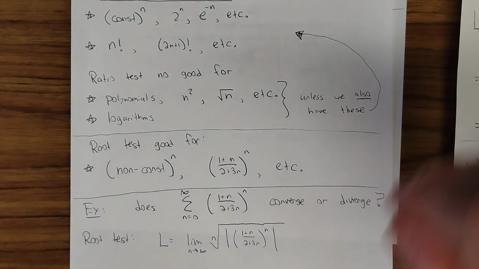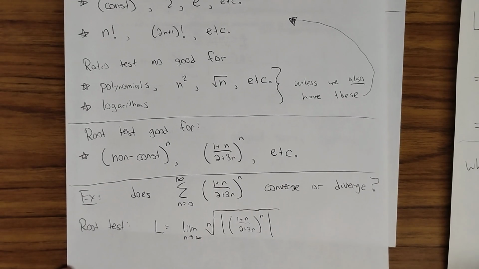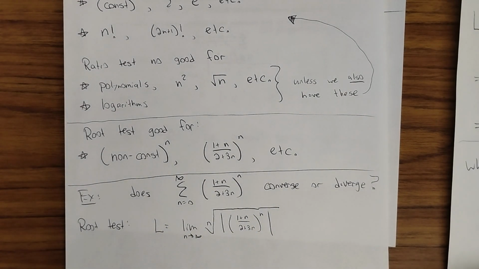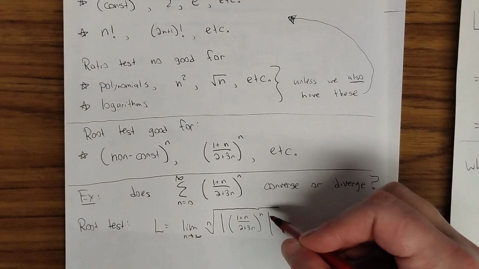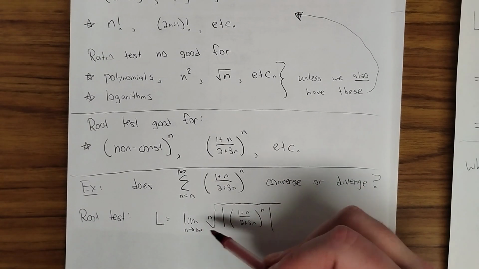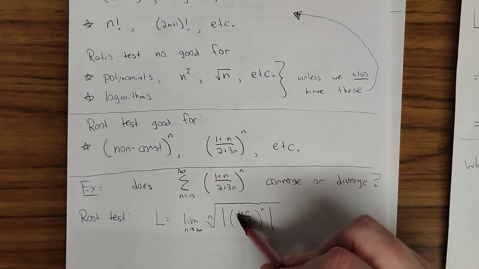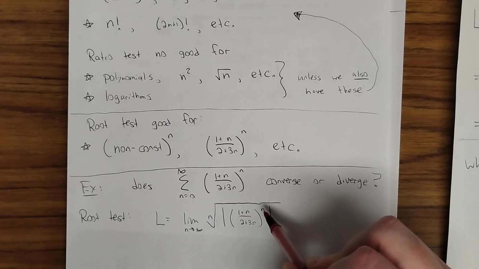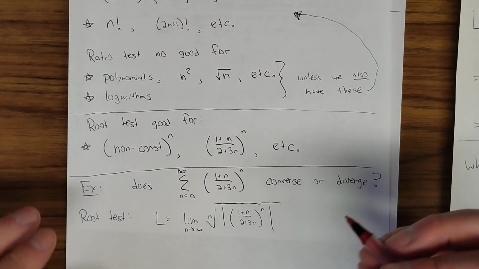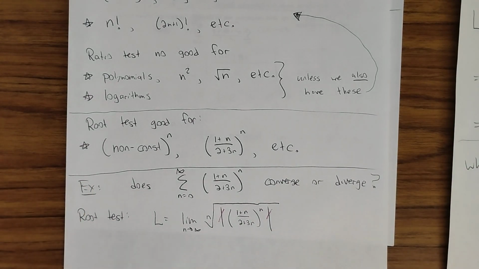Okay, so the first thing I always do is I look for an excuse to get rid of the absolute values, and this is going to be a positive number. n is going to positive infinity, so when n is some large positive number, this fraction is definitely positive. I raise it to the n, that's still going to be positive. These absolute values aren't doing anything. There's a positive number in there anyway.